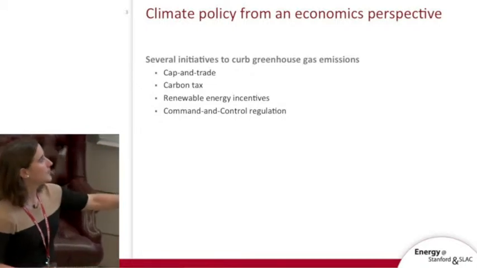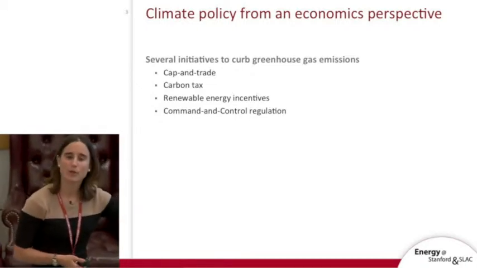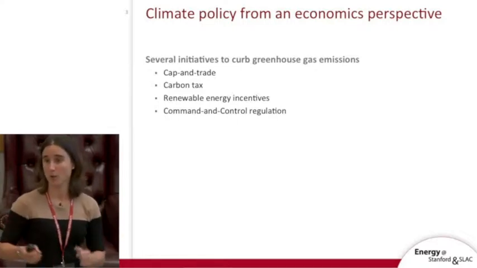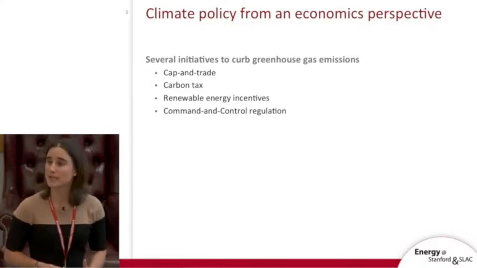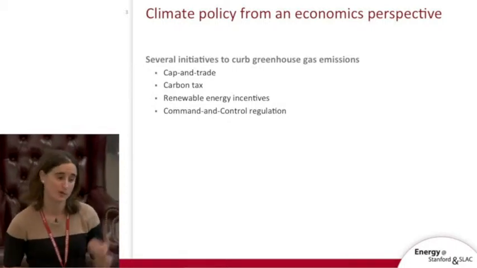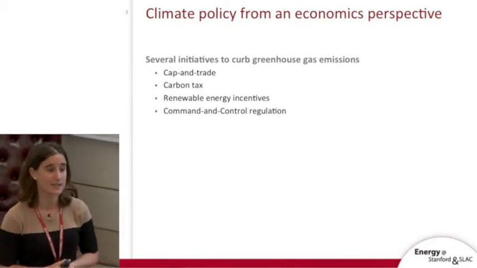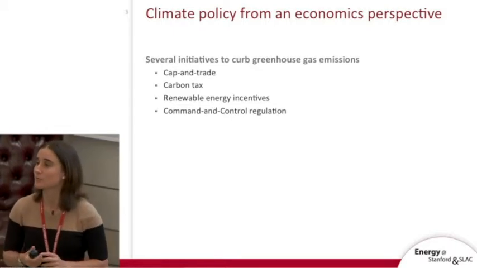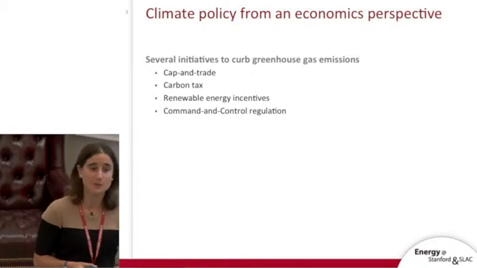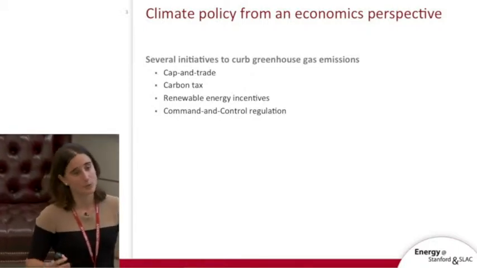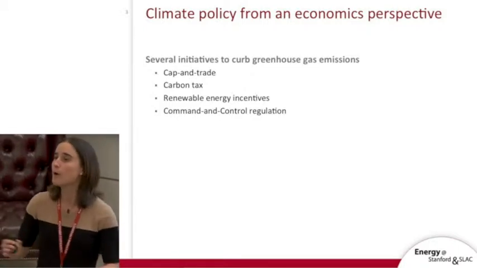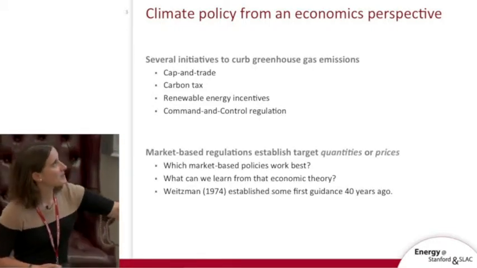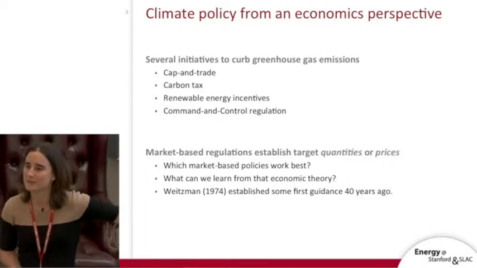Other ways to regulate pollution more broadly are command and control, for example, by having standards on how clean power plants should be, how clean an appliance should be, or, with energy codes, how clean a building should be. Those are more command and control because they are specific to every installation, every building, or every appliance. So today I want to talk especially about cap and trade and carbon taxes.